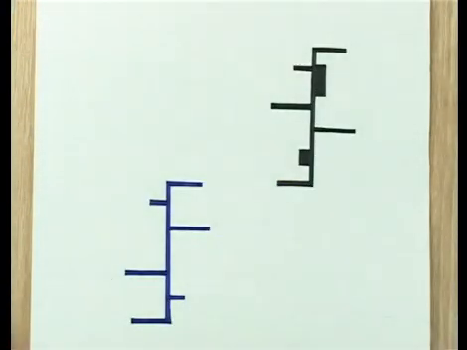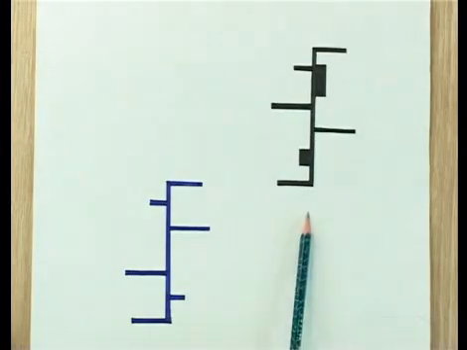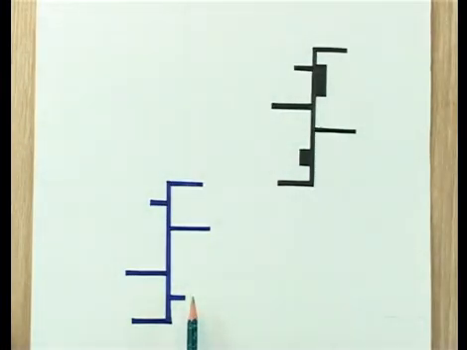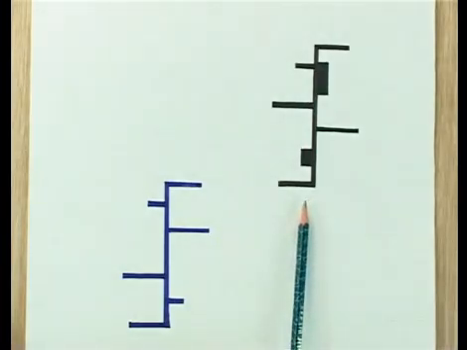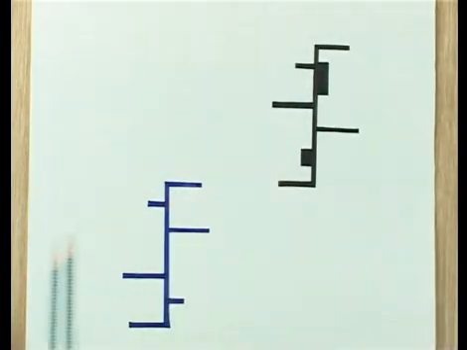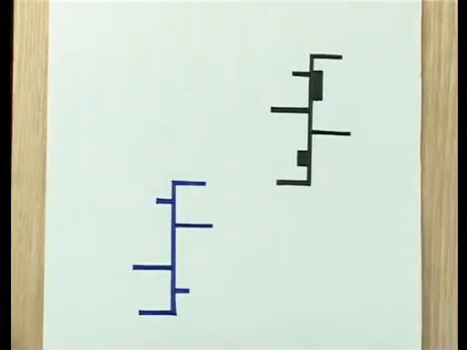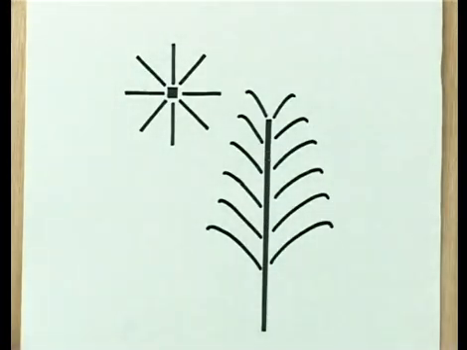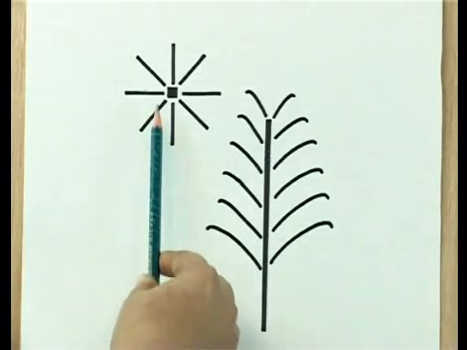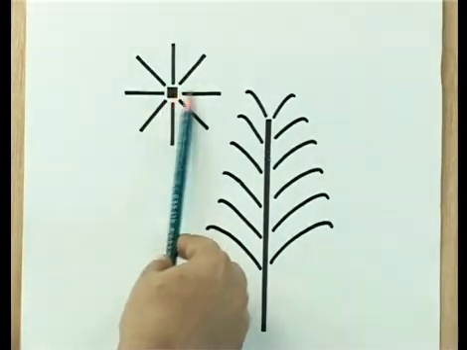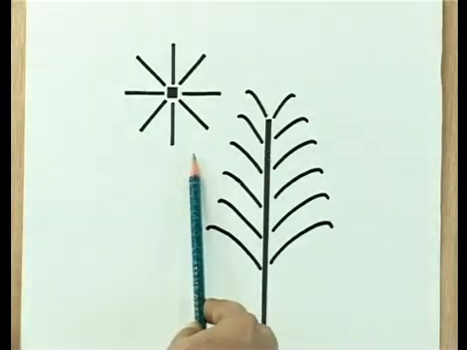Whenever balance is considered vertically, that is, about the vertical axis, it is called vertical balance. Further, it may be symmetric or asymmetric. Whenever everything is arranged around the center point, it is called radial balance.